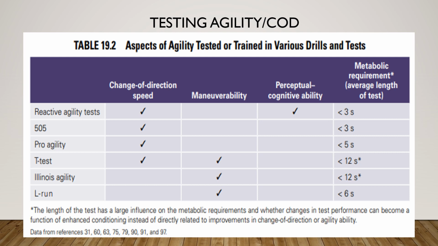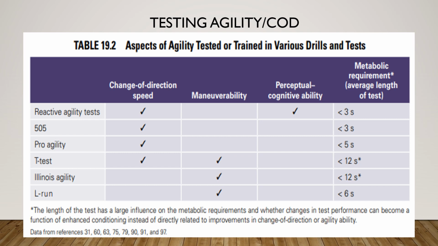Now, we should also differentiate between change of direction and maneuverability. So maneuverability, if we see in the T-Test, has both, but in the Illinois and the L-Run, it's where we see a smaller degree of change of direction, okay, where it's not a complete change of direction, we can keep a high level of velocity.